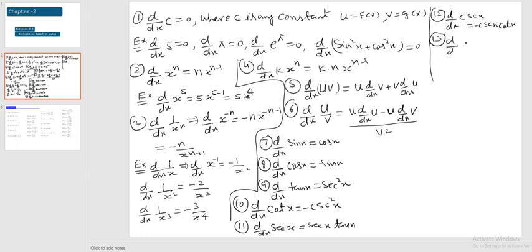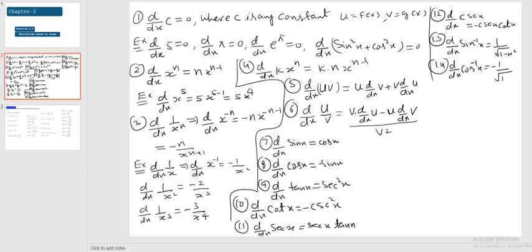And d/dx of the inverse functions. d/dx of sine inverse x is 1 divided by square root of 1 minus x square. d/dx of cosine inverse of x is the same but negative.